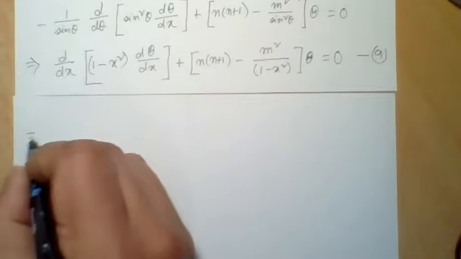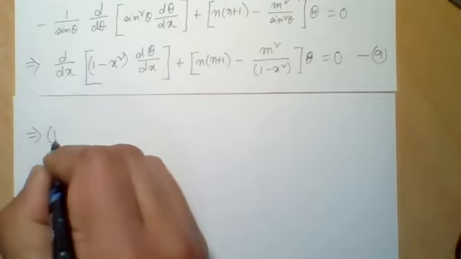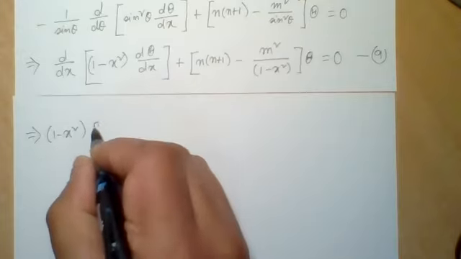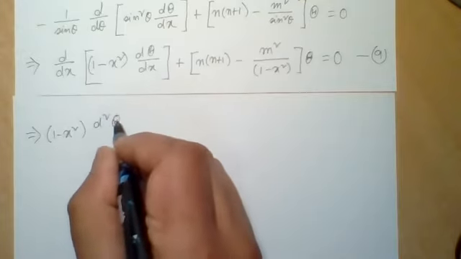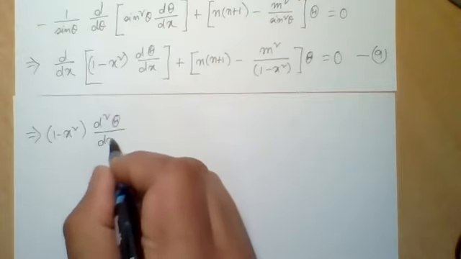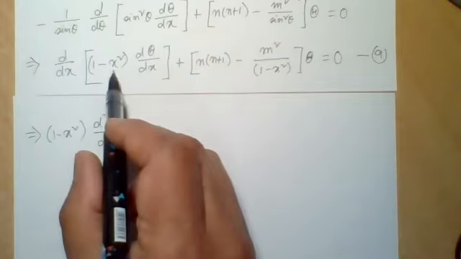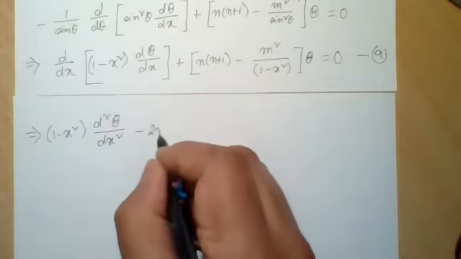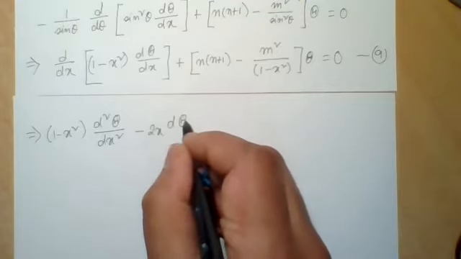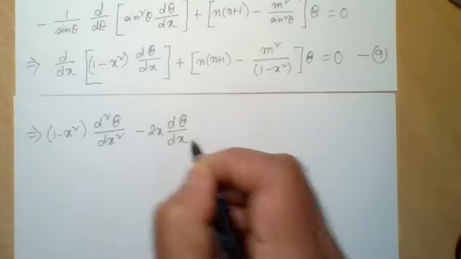So 1 minus x square times the second order derivative of capital theta by dx square, minus, now let us keep this and differentiate this, twice x d capital theta by dx.